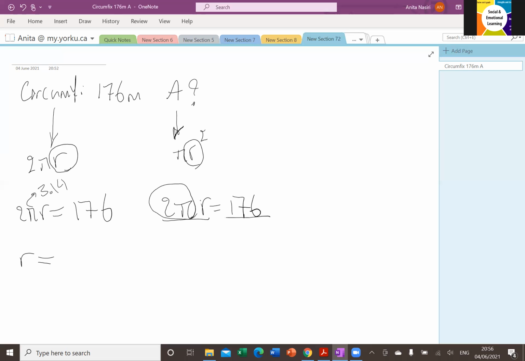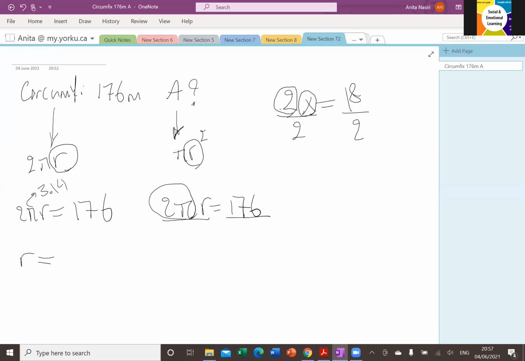It's very much like solving a simple equation, 2x equals 18. How do we solve that? We divide both sides by the 2, whatever is multiplied by x. This is called a variable. This is called a coefficient.